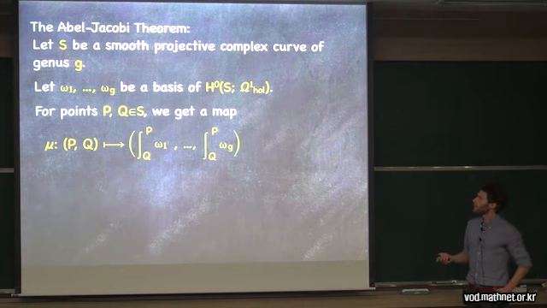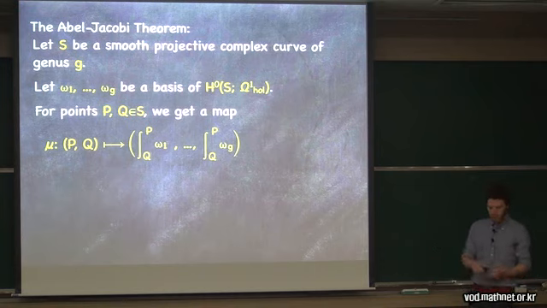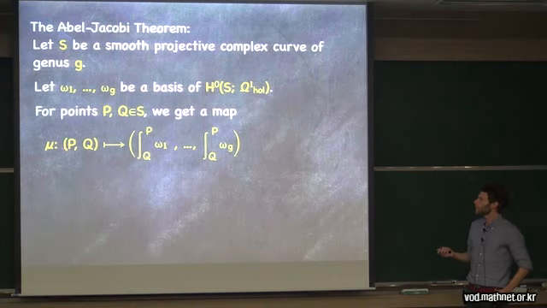And then if we take two points P, Q on our curve, now, before we picked the point 0, now we allow any point Q, and then we can take this pair of points and take the integral from Q to P over omega 1 and so on.